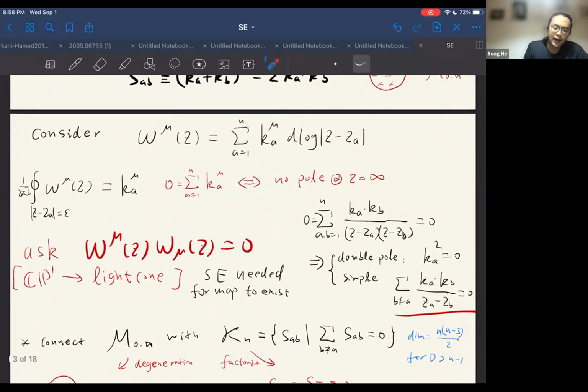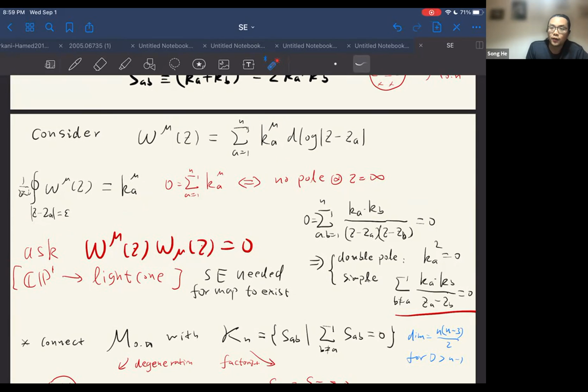The key idea is that you can consider a one-form, which is just a linear combination of d logs weighted by these momenta. This one-form has the property that if you evaluate it at any puncture z_a, doing a contour integral around z_a, it gives you the momentum of that particle.